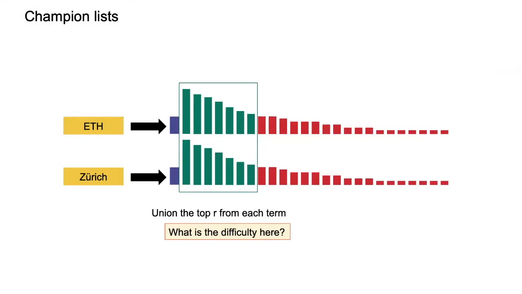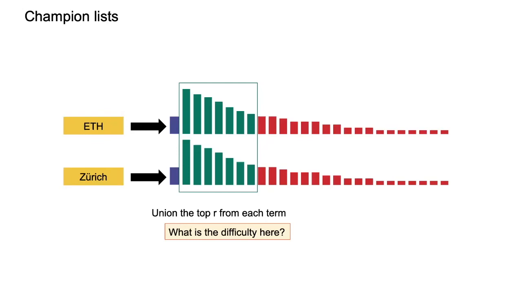If you have document 2 and document 4, document 2 will be before document 4, whatever the term. But here, this order of the documents depends on the term. It might be that document 2 is before document 4 for ETH, but document 4 is before document 2 for Zurich. That means that your union algorithm breaks.